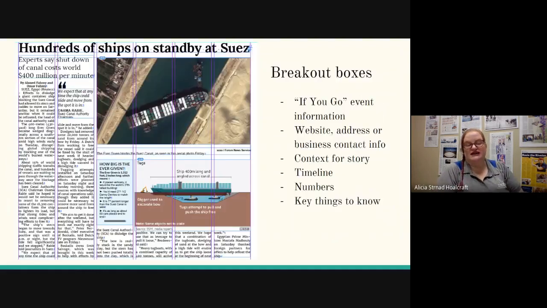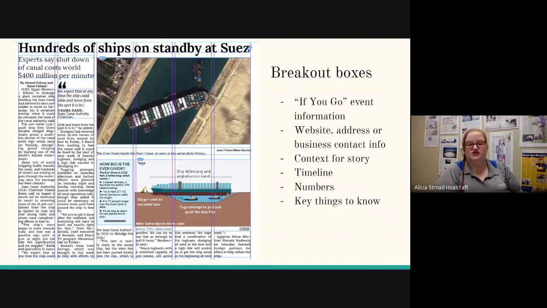Another great thing to add, and this is something, again, that eye tracking studies show that people read, and they generally read the entire thing, is a breakout box. And a lot of our stories just naturally lend themselves to breakout boxes. If you're writing about an event, you include information on where the event is, when it is, how much tickets are, those kinds of things. If you're writing about a new business, you include their contact info, address, hours, website, whatever it is.